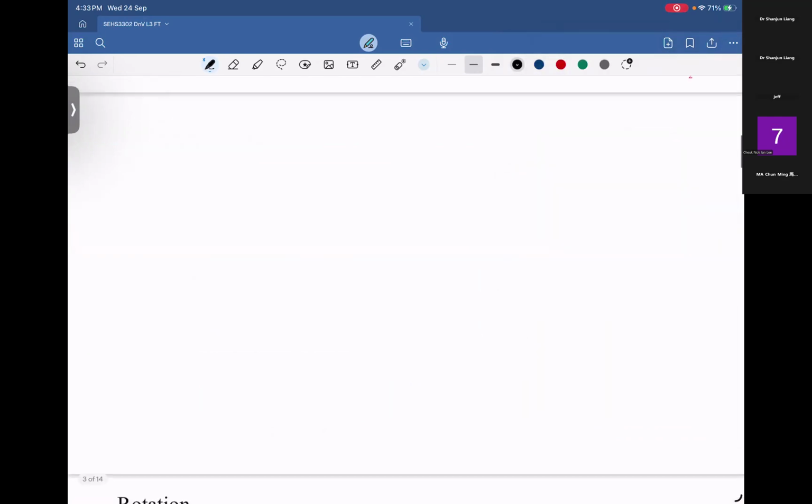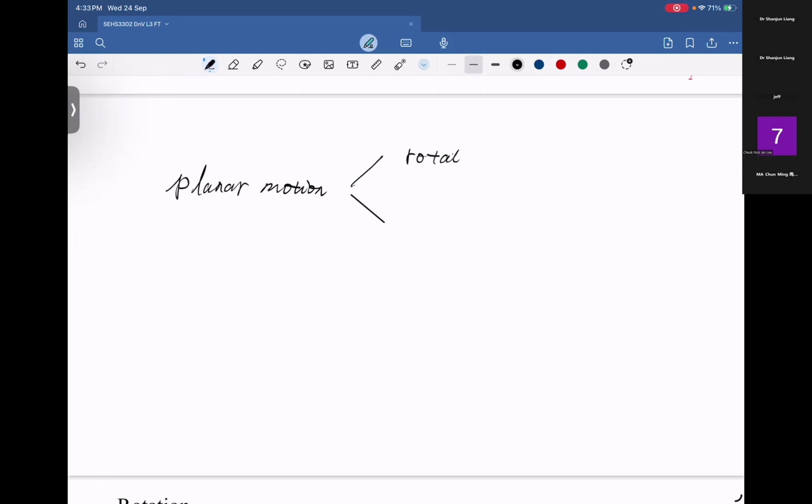So the planar motion can be decomposed into two parts. The first one is rotation. The second one is translation.